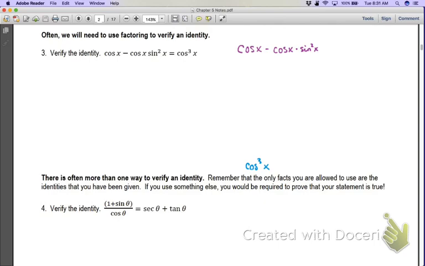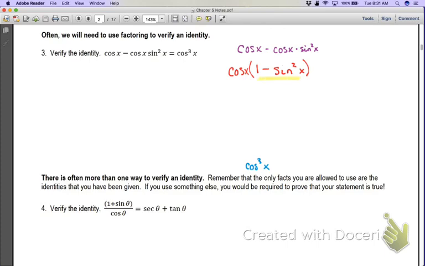So I can factor out a cosine and have 1 minus sine squared of x. Don't forget the x here. My fault. So we factored. I need 3 cosines. I have 1. Where are the other 2 going to come from?